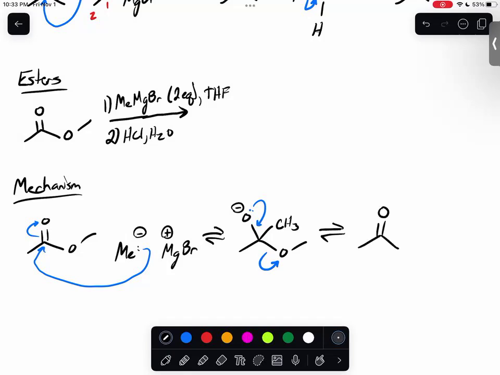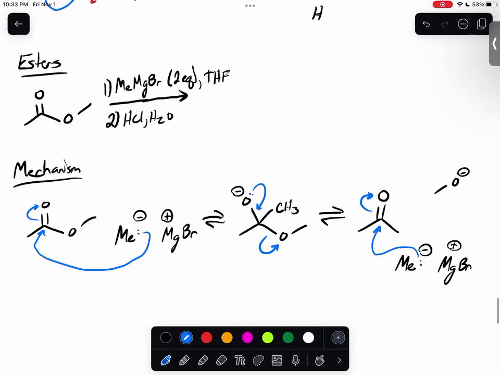And so we've kicked out this methoxide, okay? From here, though, we still have another equivalent of this methyl magnesium bromide, this Grignard. And that can come on in and add into this ketone that we've formed, because once we've kicked out that methoxide, since we added in another carbon, we're sitting at a ketone.